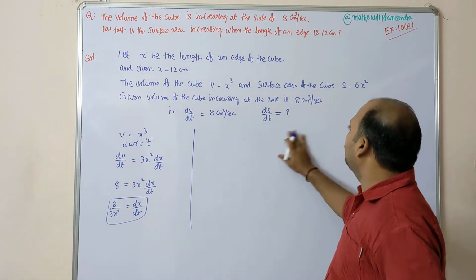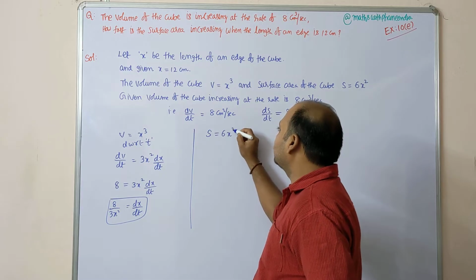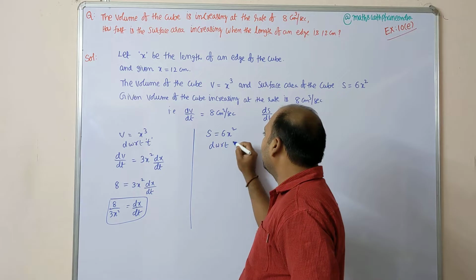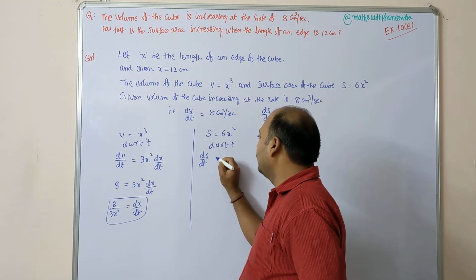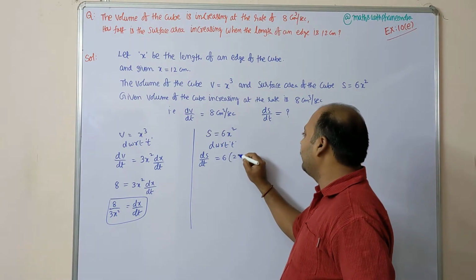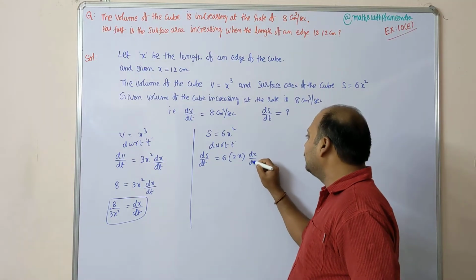Later, S is equal to 6x square, we wrote here already. Differentiate with respect to t. S derivative is ds by dt. 6 constant we can take aside, and x square derivative is 2x. Again x derivative is dx by dt.